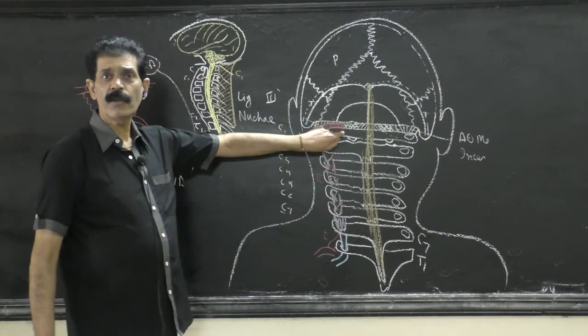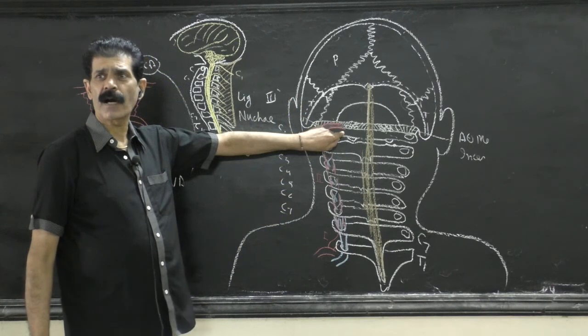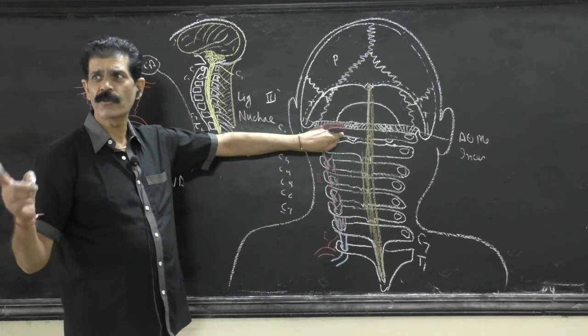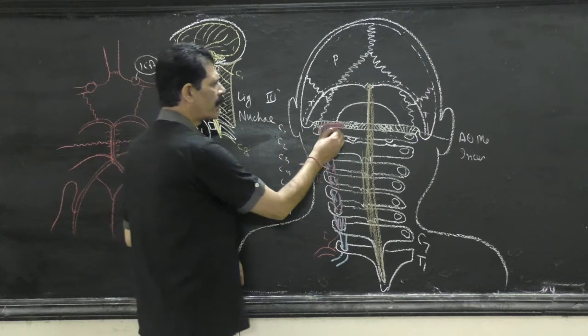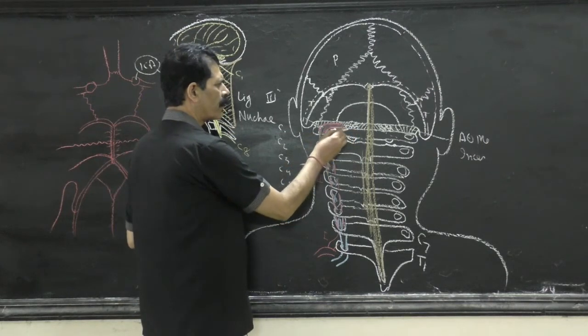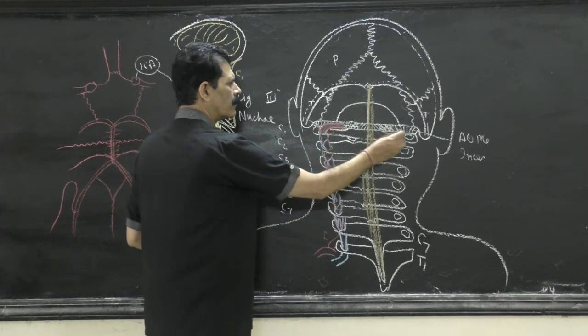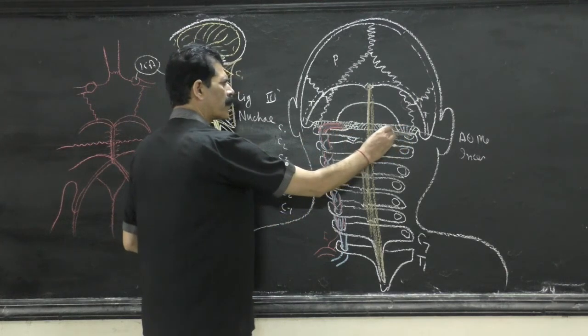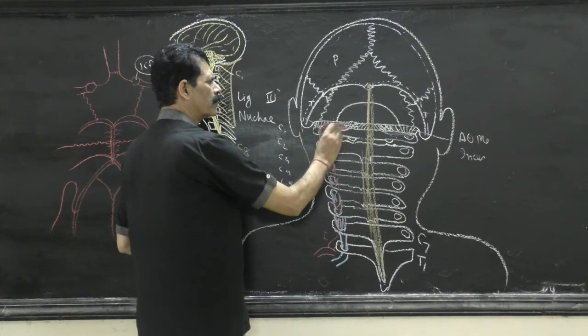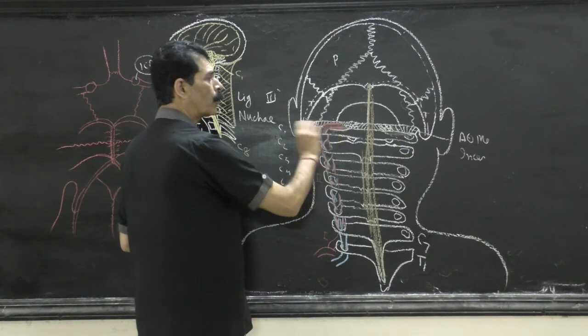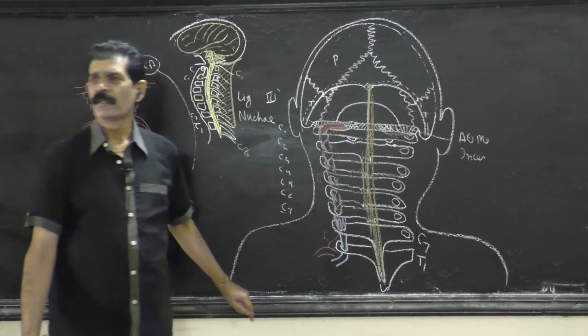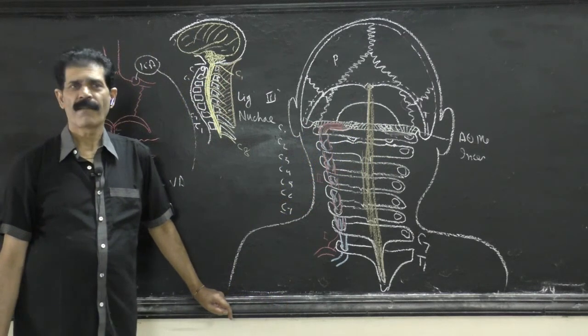And there is a definite groove present on the posterior arc of the atlas. If you have studied the atlas, you must know this groove for the artery, to support the artery. There is a smooth groove there, because the artery has to come and then run horizontally. So there is a groove present on the posterior superior surface of the posterior arc.